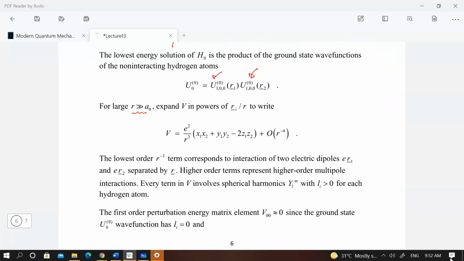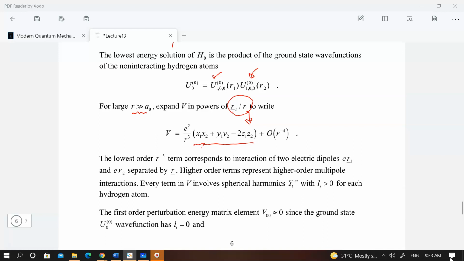Okay, so with respect to that, one can expand your potential in terms of this. I've yet to prove this properly, but perhaps I can do this later on, or I will modify the notes to include the details. Okay, so essentially one can simplify in terms of this approximation. Your simplified perturbing potential is given by that.